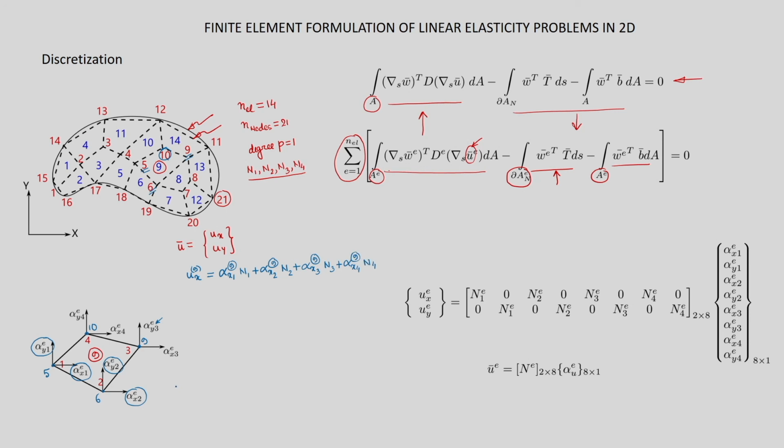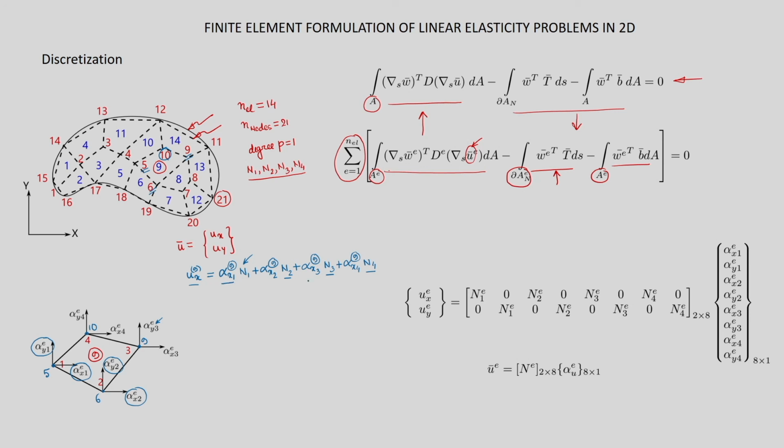Okay. So, how is it correct, or how can I verify? We can say, if I check node 1, at node 1 N1 is 1 and all the other shape functions N2, N3, N4 are 0. So, it means ux becomes alpha x1, okay, that is what we started from.